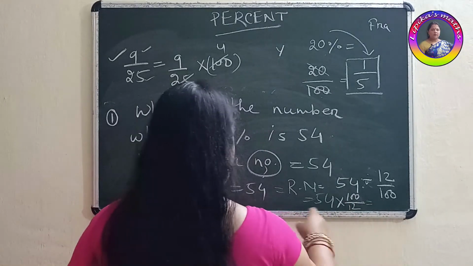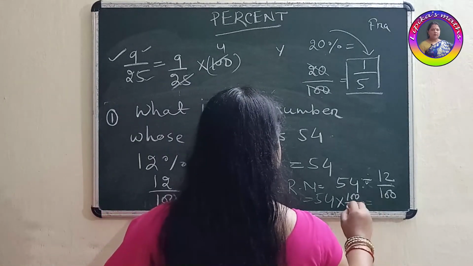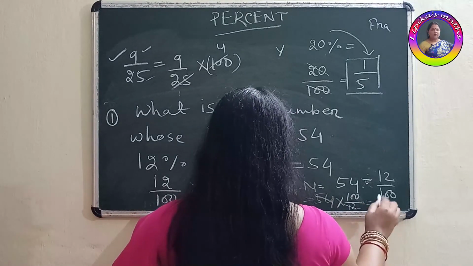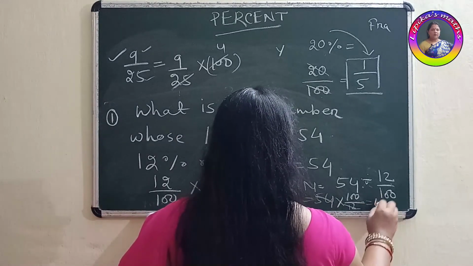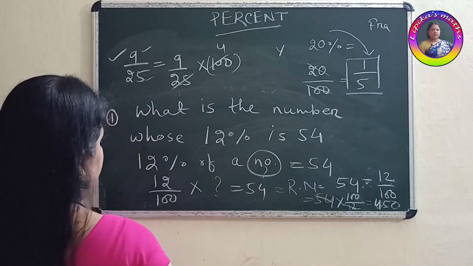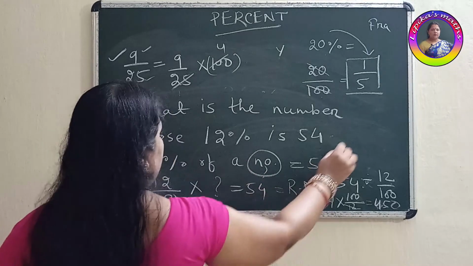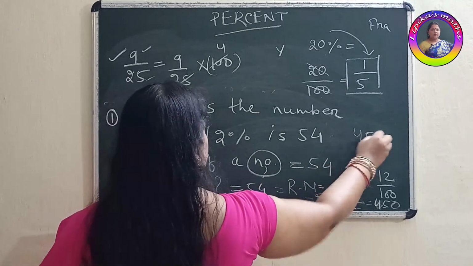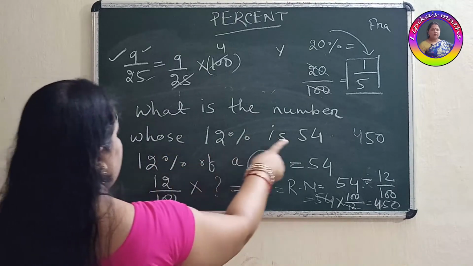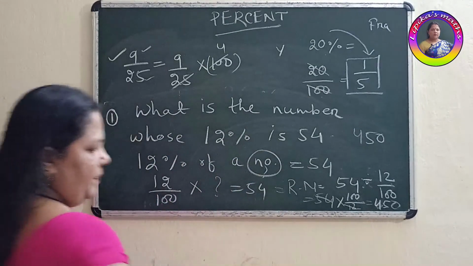Then after simplification you will get 450. This is your required number. So the number is 450 whose 12% is 54.